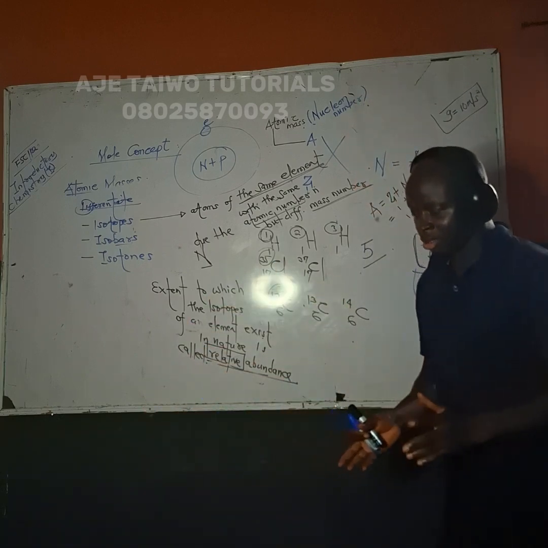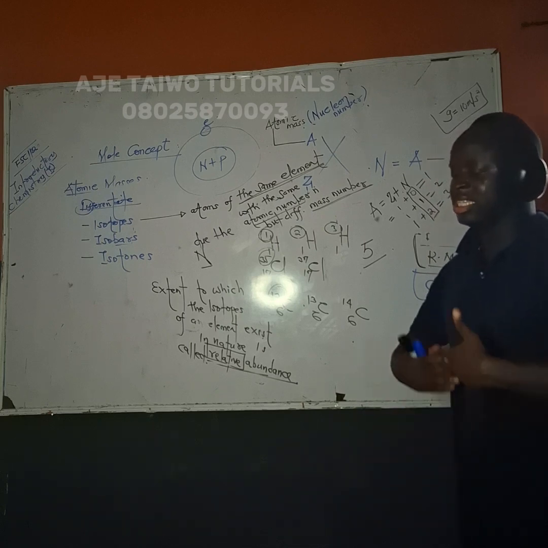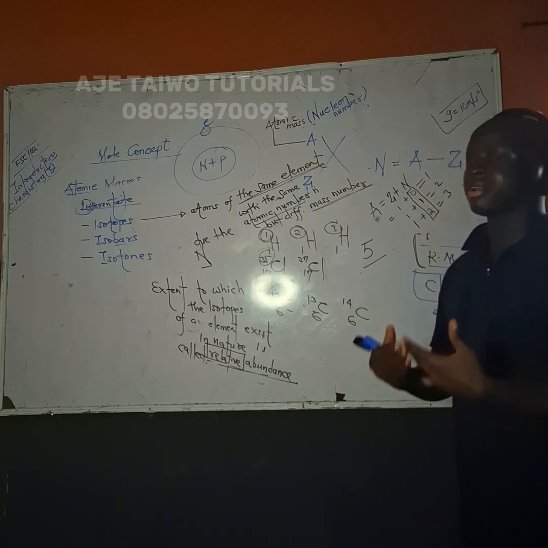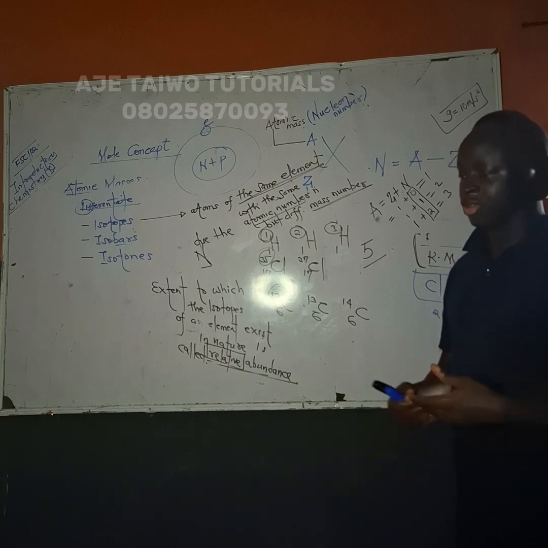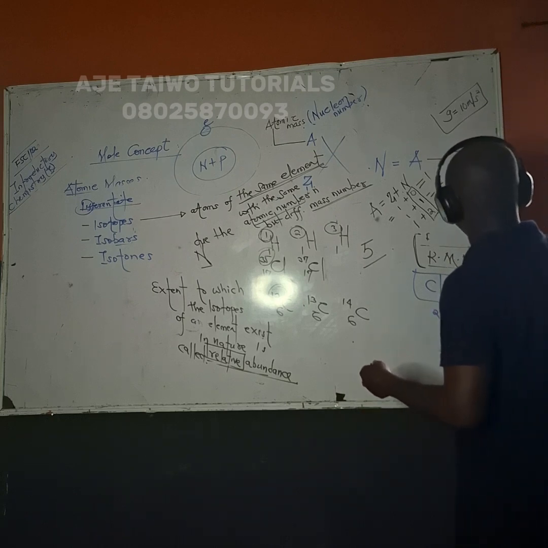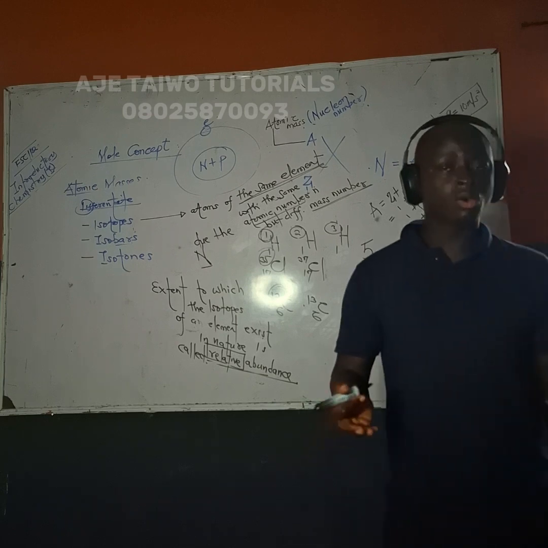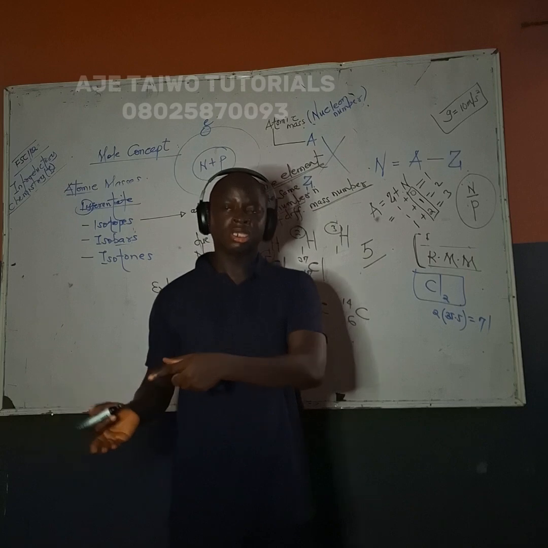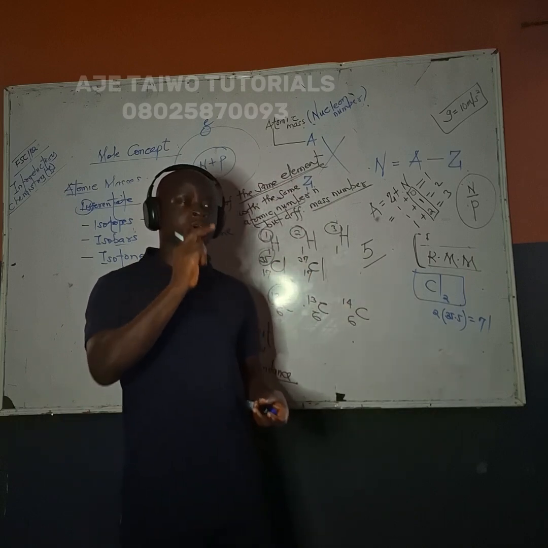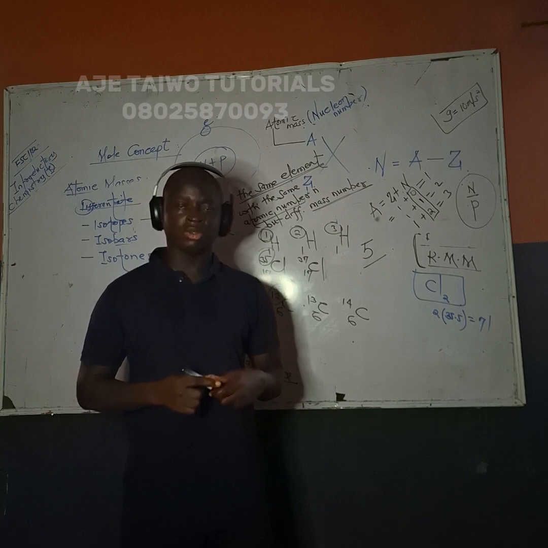What causes radioactivity? When the neutron to proton ratio of an atom is too large. It's too what? Large. When you have more neutrons than protons, the atom tends to be radioactive.